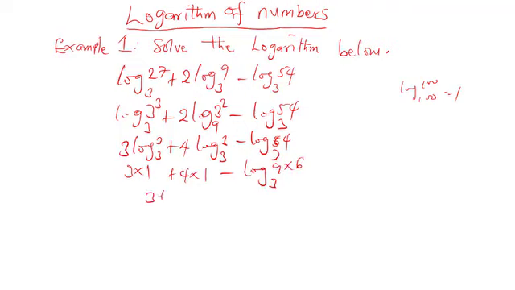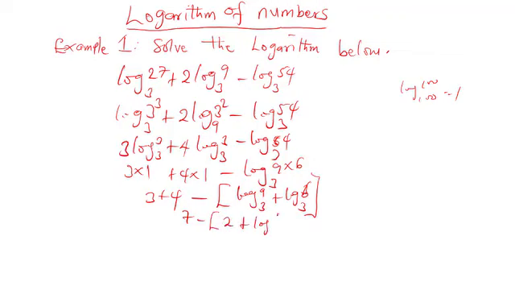So this becomes 3 plus 4 minus, log 9 base 3 plus log 6 base 3. You close your bracket and we have 7 minus bracket, log 9 base 3 is 2 plus log 6 base 3, and with this we now have 7 minus 2, which is equal to 5 minus log 6 base 3.